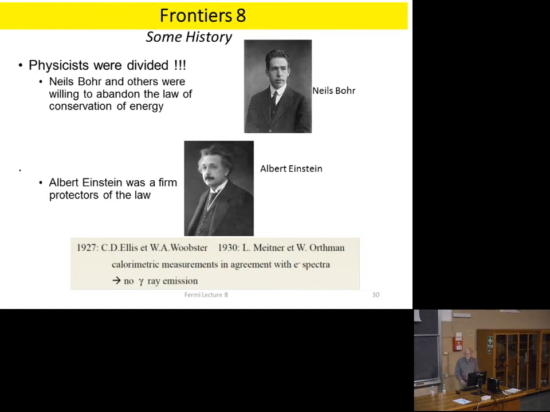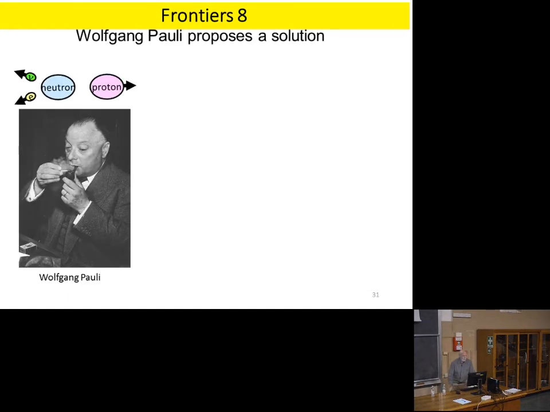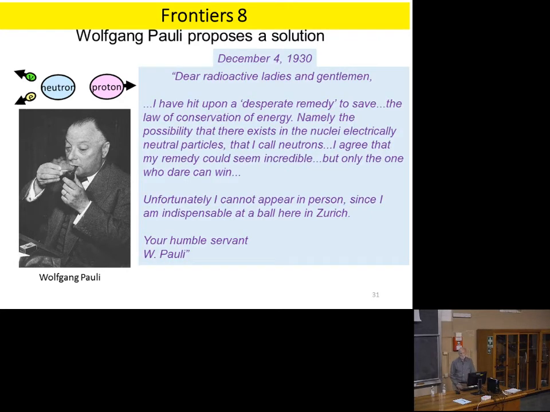So that was disproven by about 1930. And then Wolfgang Pauli proposed the solution. And he proposed a solution in a famous letter that was written on December 4th, 1930. And of course, translated here, and I'll read it.